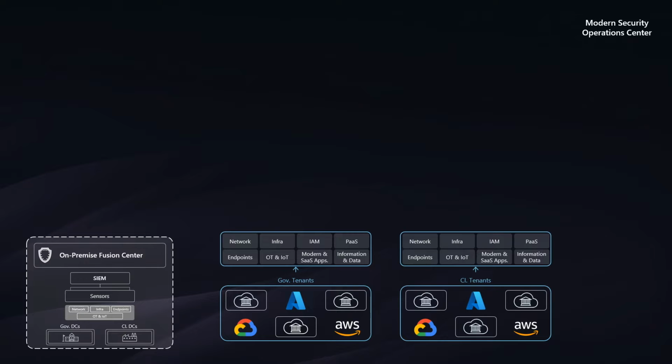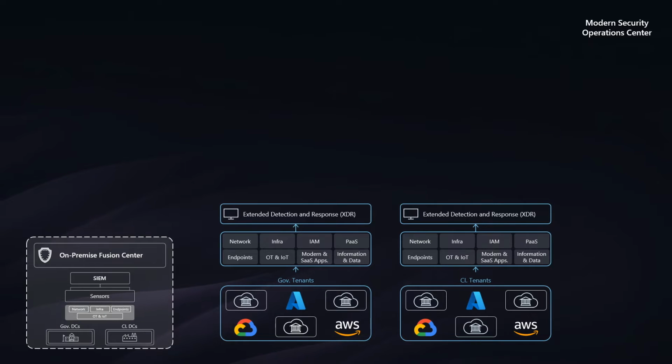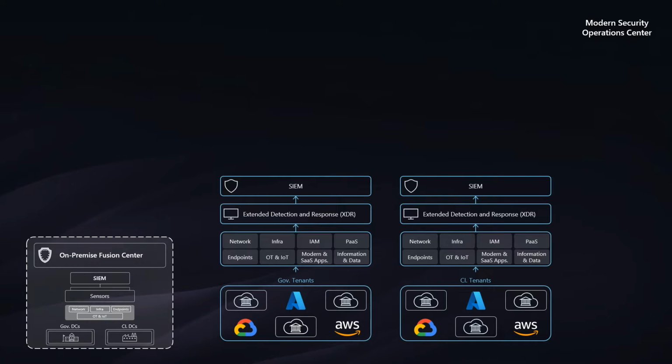And you need to be able to have a platform that allows you to do what we call extended detection and response, so that it correlates at a very fine-grained level all of these different technology pillars into a single extended detection and response platform. So I need to be able to fuse that data from my XDR system into my SIEM, along with other types of data.